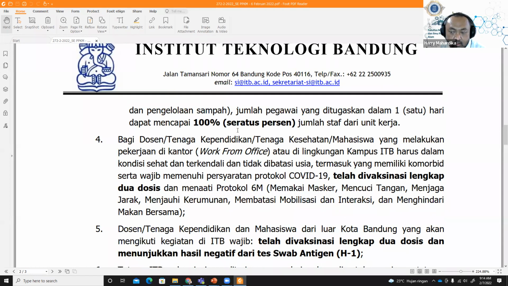And if you are traveling in some days, if you are coming from outside of Bandung and don't have time for self-quarantine for at least 5 days, you need to include the antigen test to be completed so that you can enter the campus.